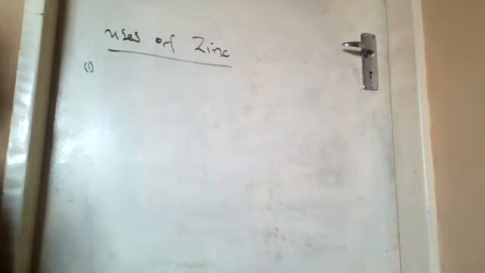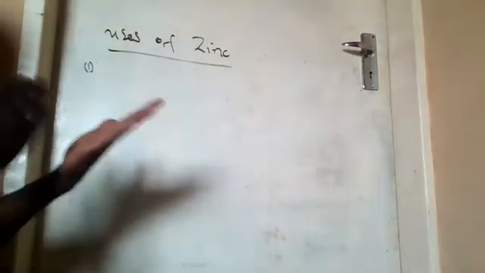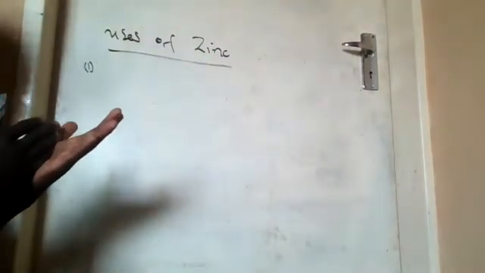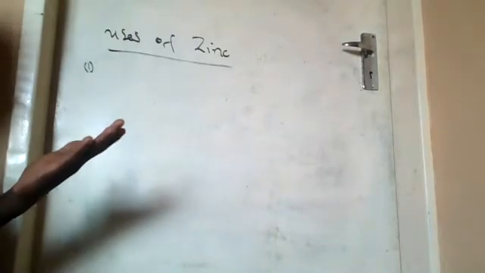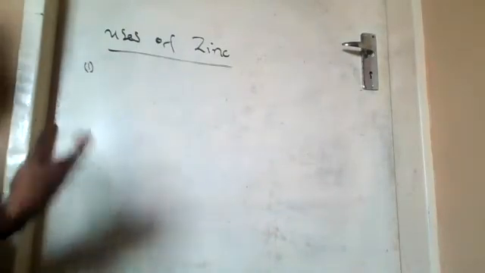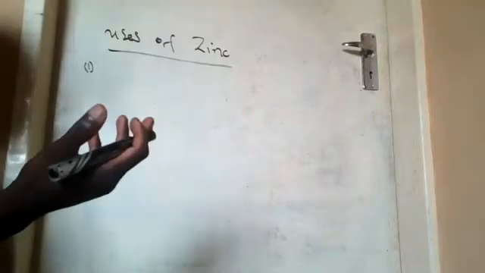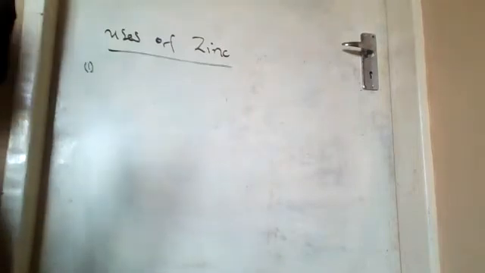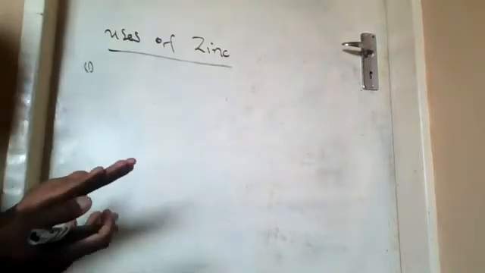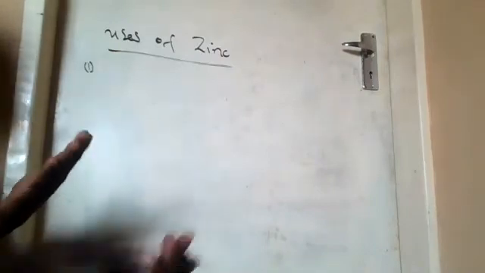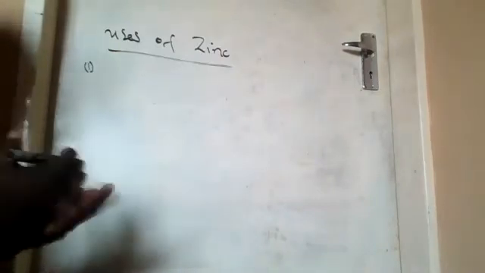Let's say, for instance, you want to cut a metal using a grinder. You cannot use a soft element for cutting a metal, so you have to use something harder than the metal you're going to cut.